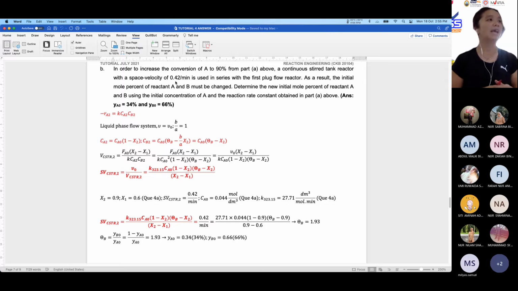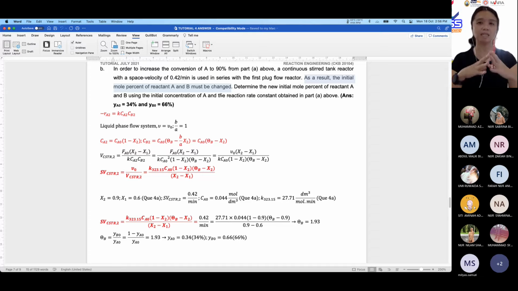Still space velocity. And the conversion lah from X1 0.6 to X2 0.9. As a result, the initial mole percent of reactant A and B must be changed. Jadi kata disebabkan kita nak naikkan conversion, kita sambung kepada reaktor yang kedua, which is a CSTR, with a space velocity 0.42 per minute.